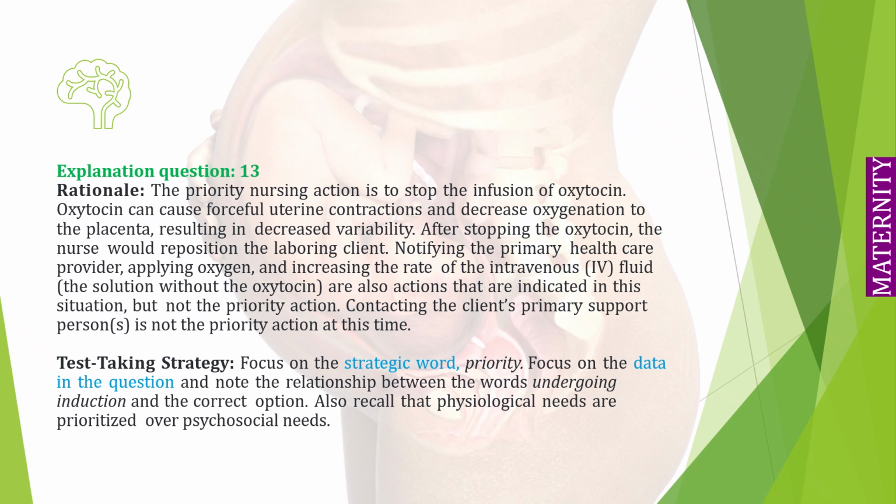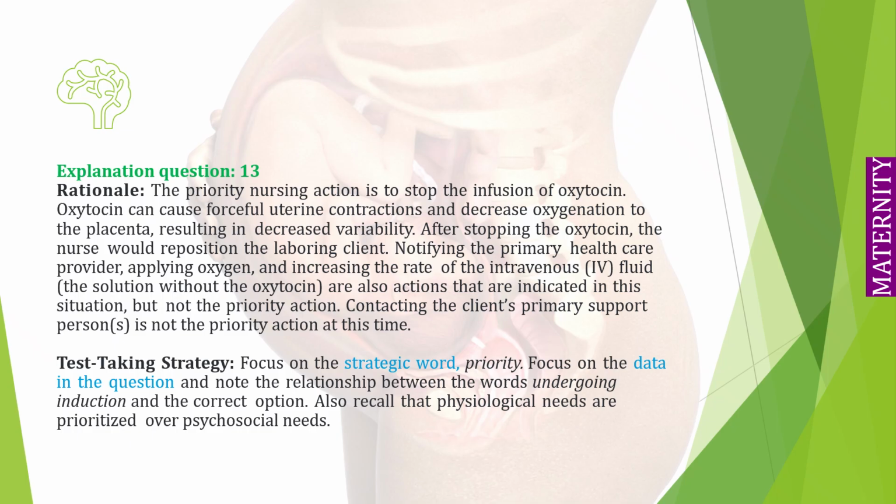Explanation question 13. Rationale. The priority nursing action is to stop the infusion of oxytocin. Oxytocin can cause forceful uterine contractions and decrease oxygenation to the placenta, resulting in decreased variability. After stopping the oxytocin, the nurse would reposition the laboring client.